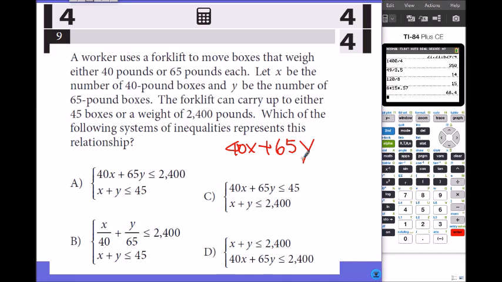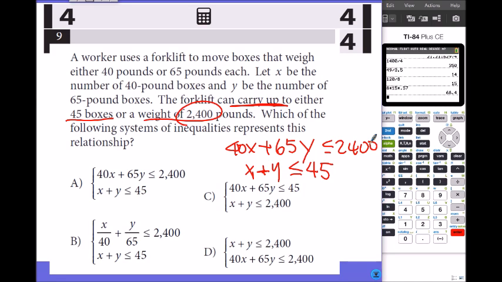The forklift can carry up to 45 boxes, not more than. So X plus Y, which is the total of boxes, is up to 45, up to meaning less than or equal to 45, and the weight is less than or equal to 2,400, right?